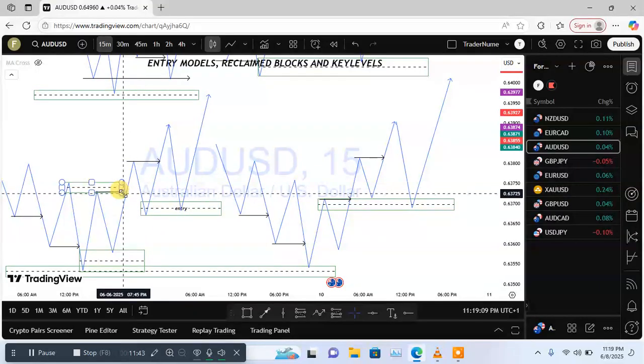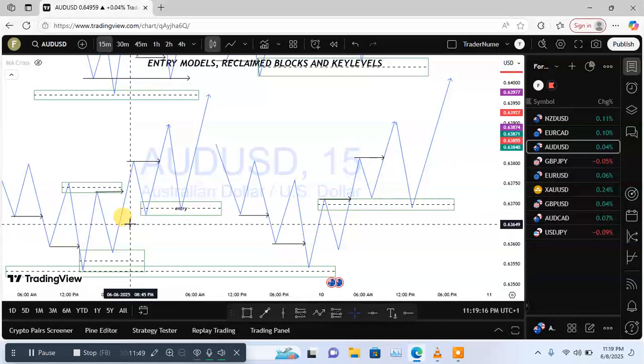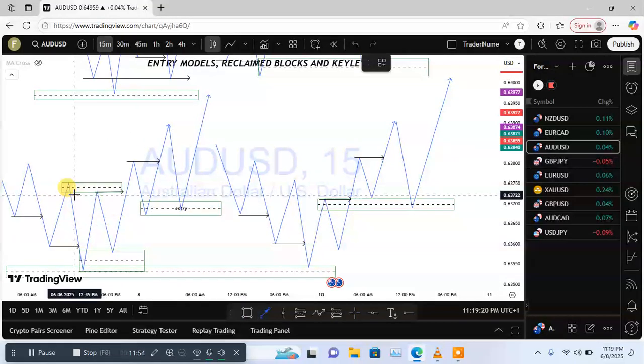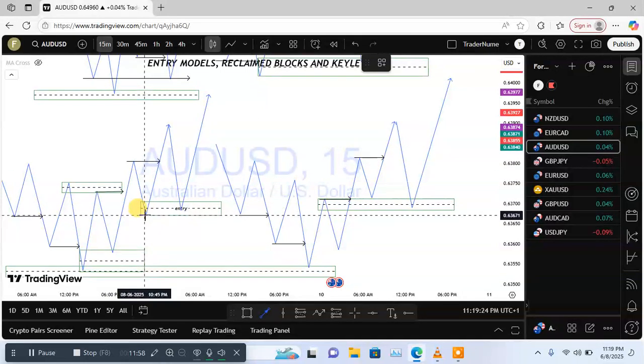So you have the flip, and you have the second break. Now when that second break happens, watch what happens. As price is going up after the second break, watch this demand zone, this level.